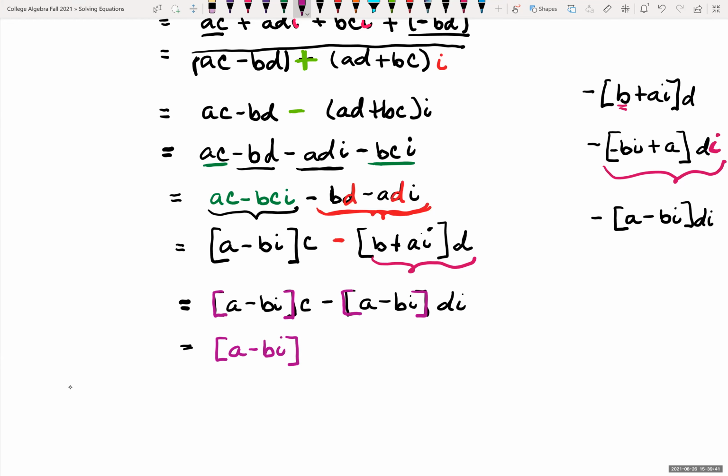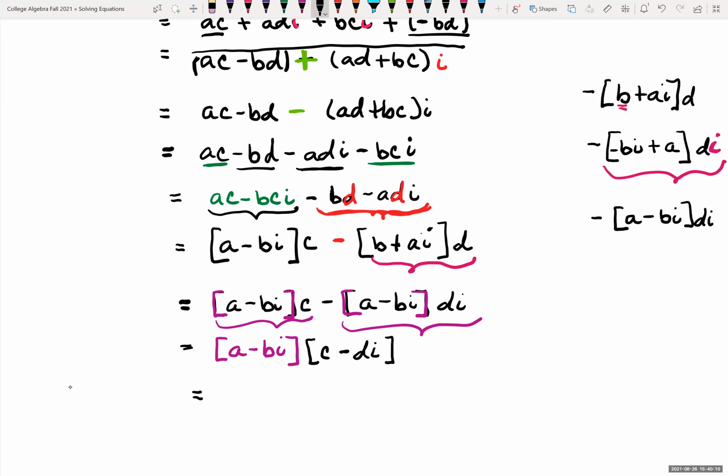And if we pull it out of this first grouping, notice that you're left with just a c. Minus, and if we pull out that a minus bi from the second grouping, we're just left with this di. There we go. And so a minus bi, well, that's the conjugate of z.